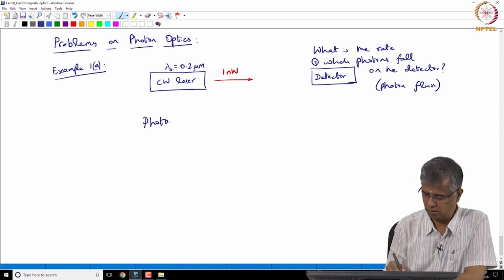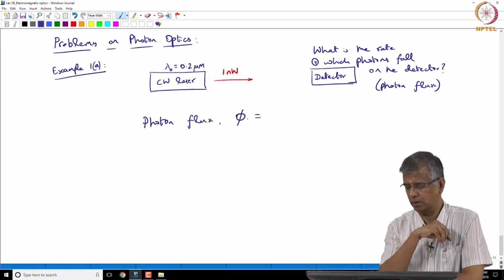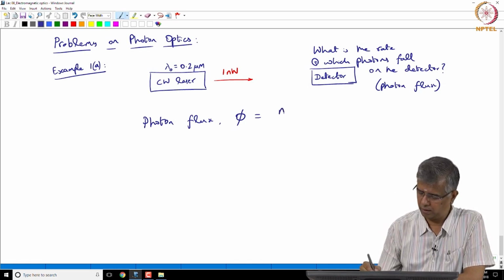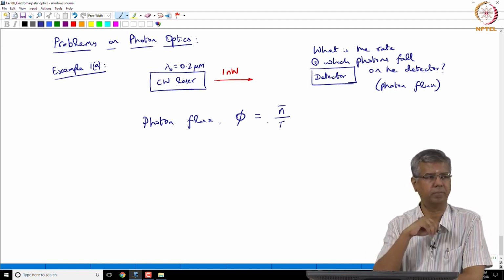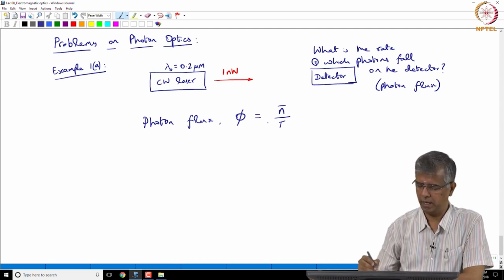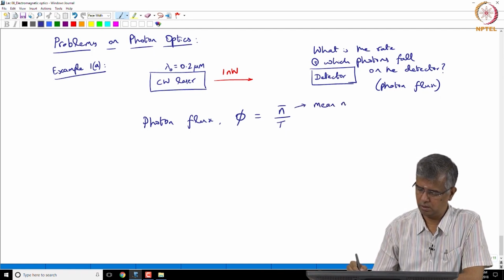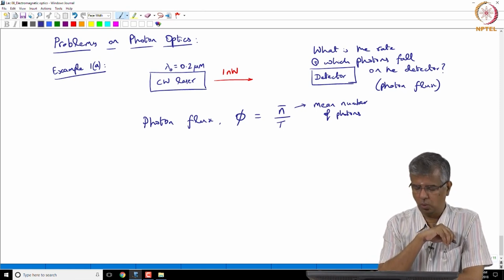Photon flux, which you denote by capital phi, is going to be given by n bar, the mean number of photons falling on the detector per unit time. So what is n bar?